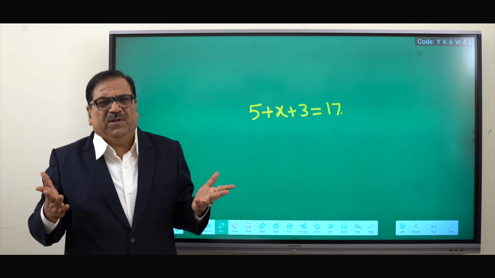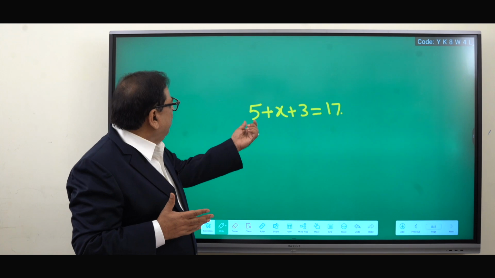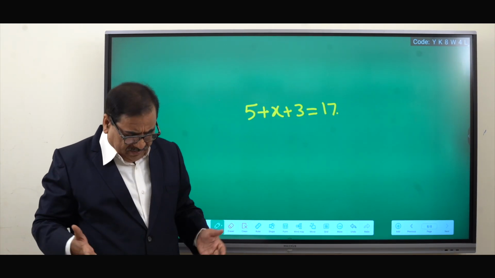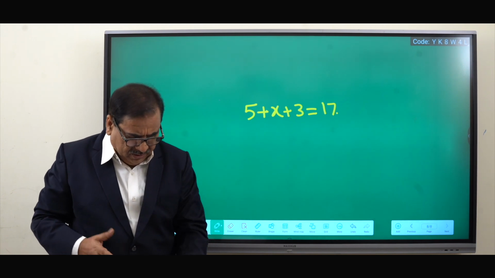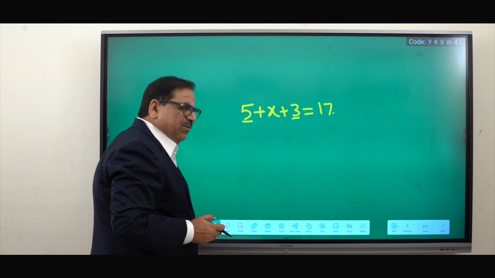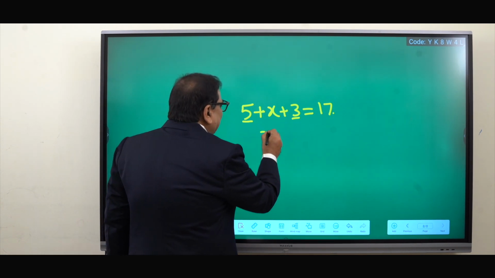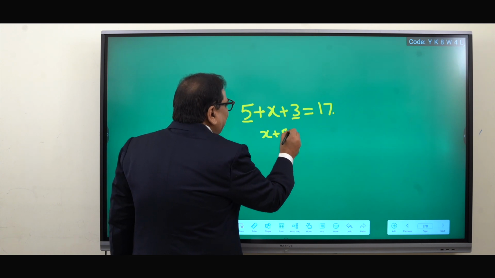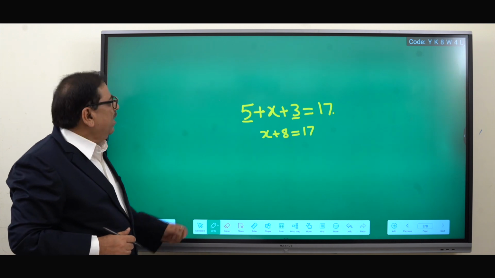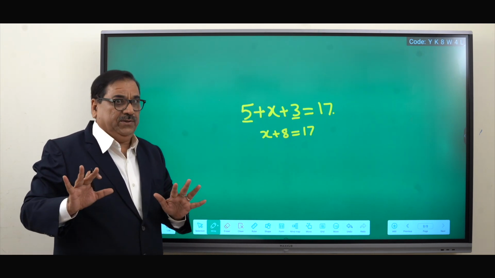But some simple operations, like here 5 plus x plus 3. In mathematics you can add these two numbers very easily and this equation will become x plus 8 is equal to 70. Why are 5 and 3 added? No operation as such.